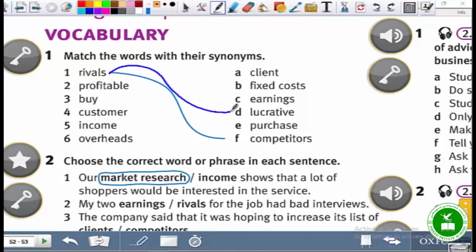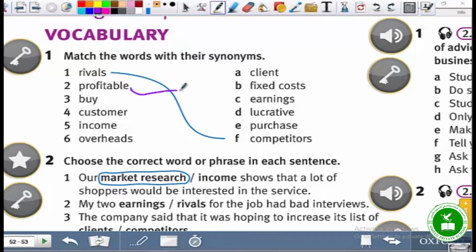Letter D. Lucrative. As you remember, we said that lucrative means allowing someone to make money. So profitable and lucrative are the same. Letter D.